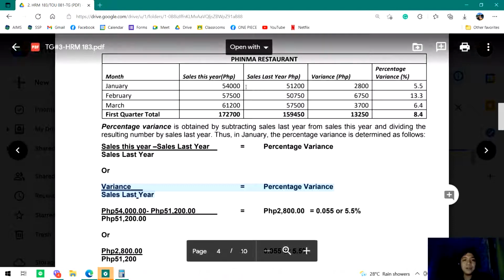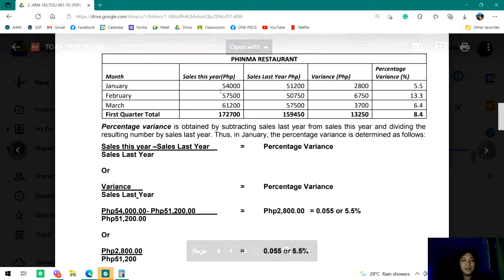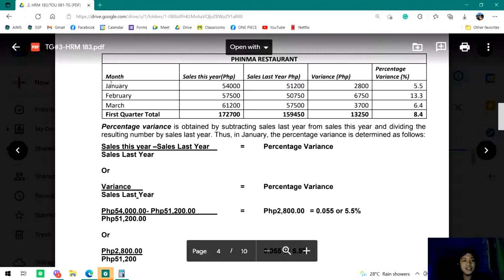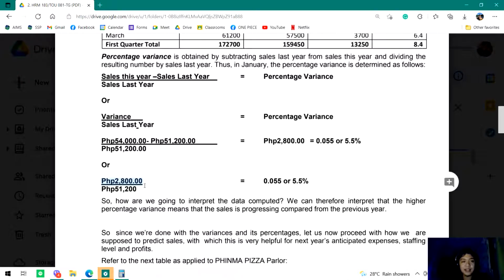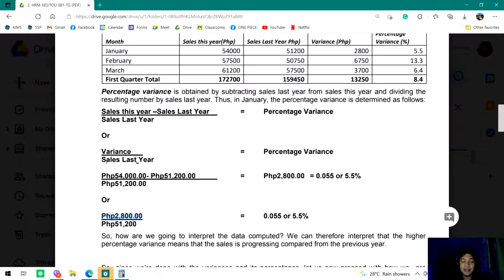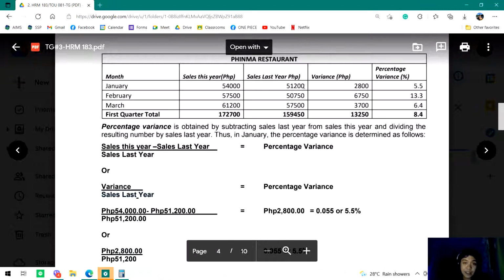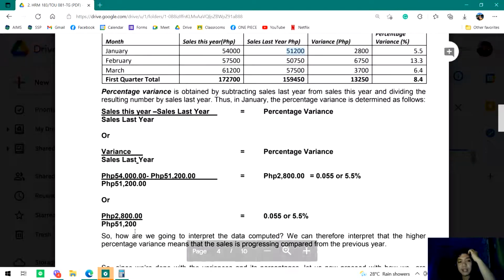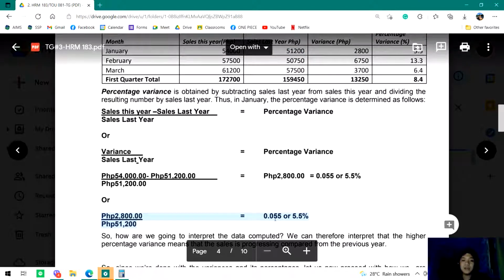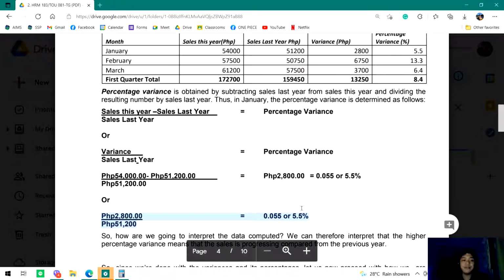So let's say for example, the same example, the variance of our January is 2,800. So that is 2,800 divided by sales last year, which in this case is 51,200. That equals 0.055 or 5.5%.